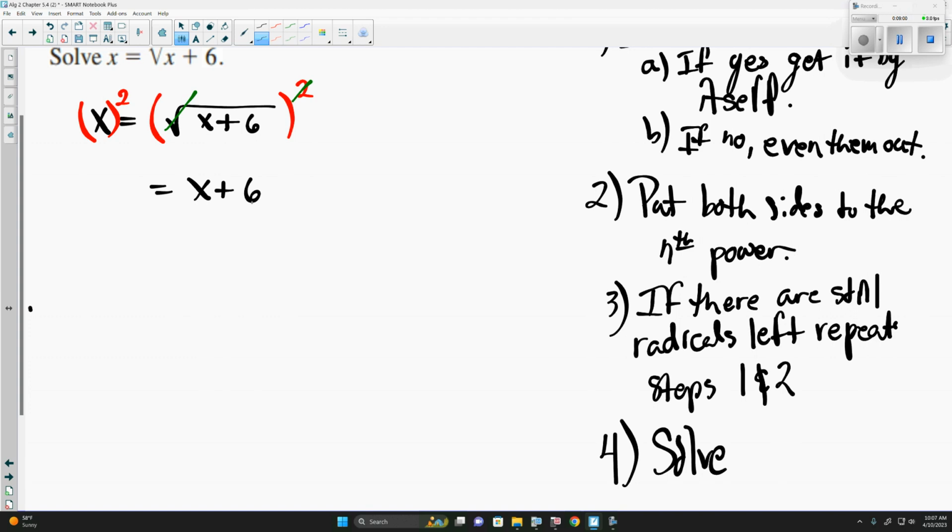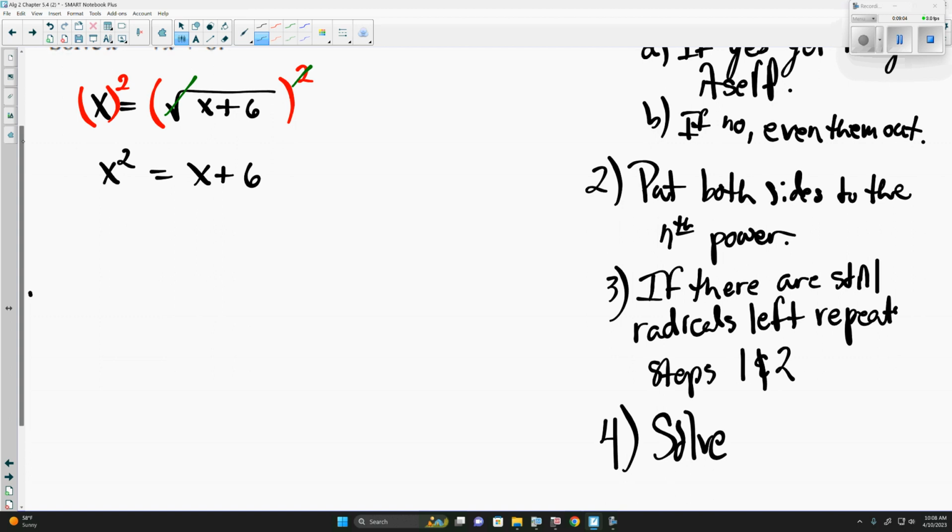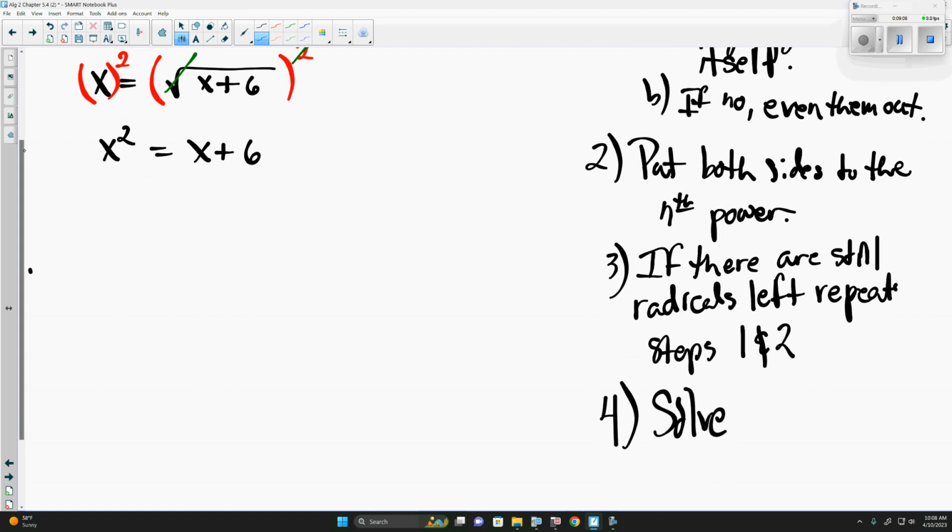Now on the left-hand side, we have x squared. So we finished step number 2. Step number 3, are there any radicals left? No. So we don't have to do anything with step 3. We can go on to step 4 and solve.